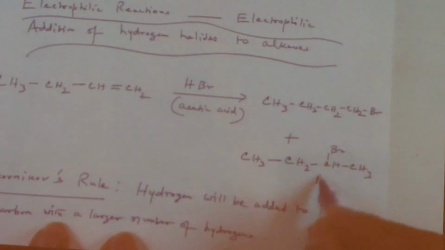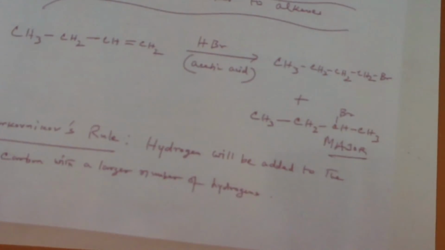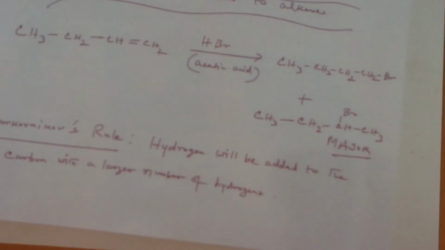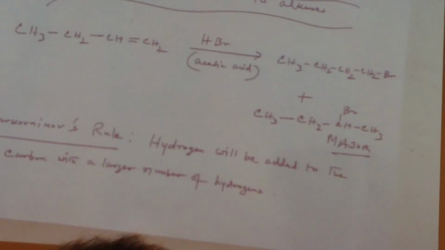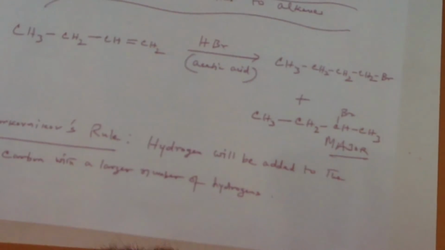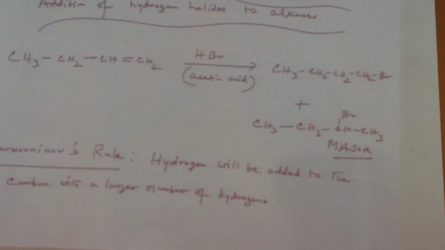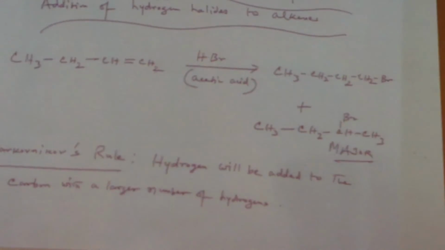And so this is the major product, according to Markovnikov. And the other one will be a minor product in the process. And we'll see in a minute why that is so. Because if you follow the mechanism of this reaction, you will be able to see why there is this preference of where the hydrogen will be added.